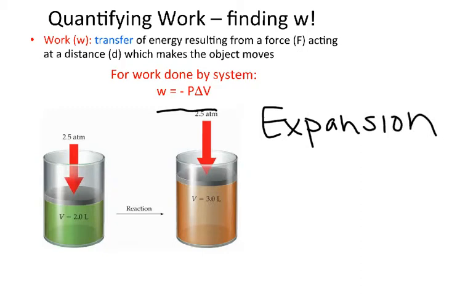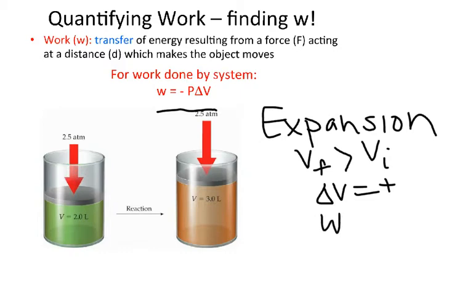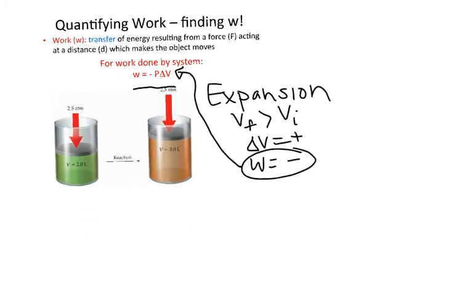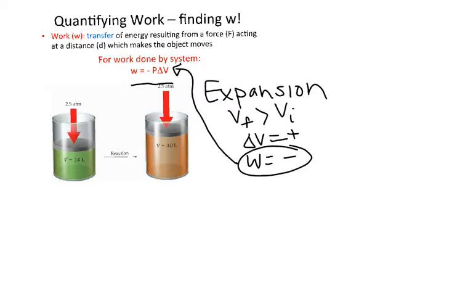This means for expansion, V final is greater than V initial. If that is the case, the sign of delta V is going to be positive, and the overall sign of work is going to be negative, because from the formula, work is equal to the negative of P delta V.